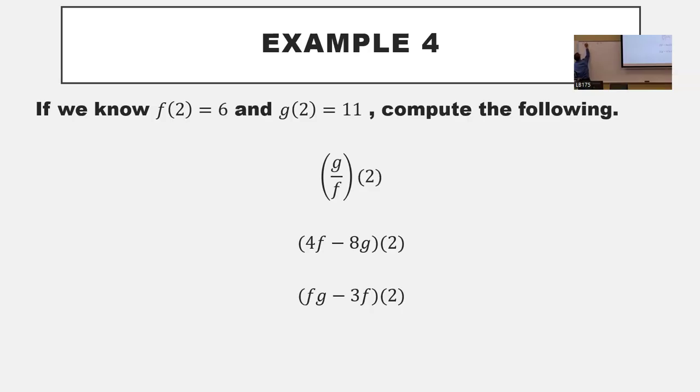F sends 2 to 6, G sends 2 to 11, and we want to find G divided by F of 2. That's pretty obvious. What we need to do is take 11 and divide it by 6.